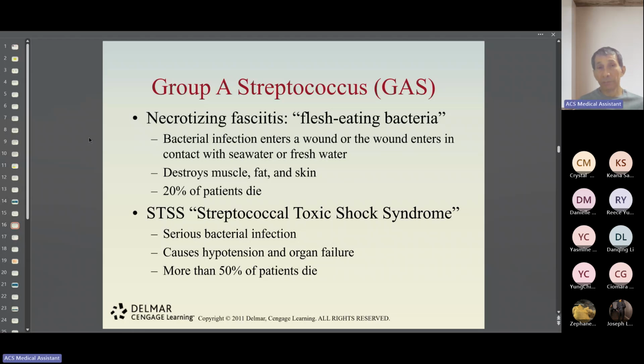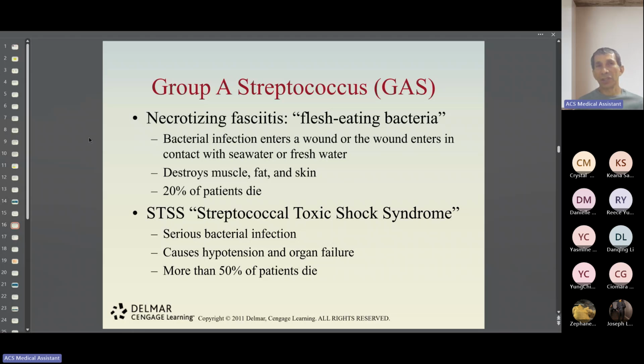There is another one, which is part of the group A, another fatal condition that can happen to you. This is called streptococcal toxic shock syndrome. Now, again, we're talking about these bacteria.